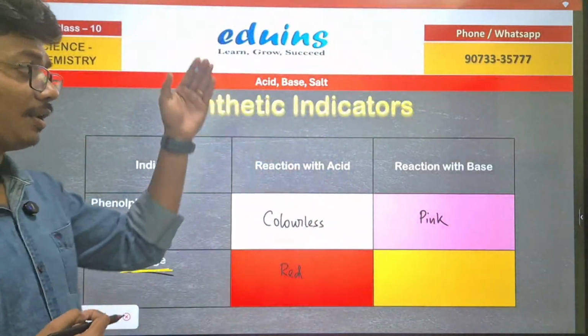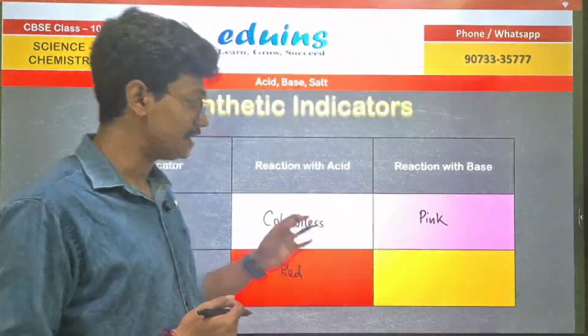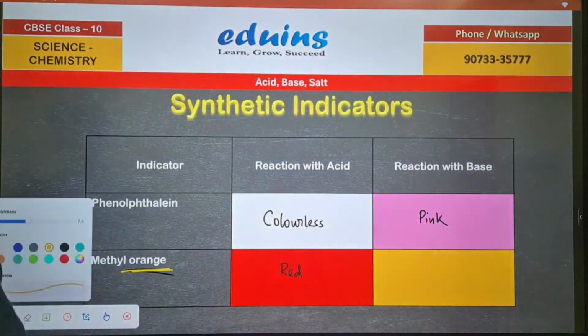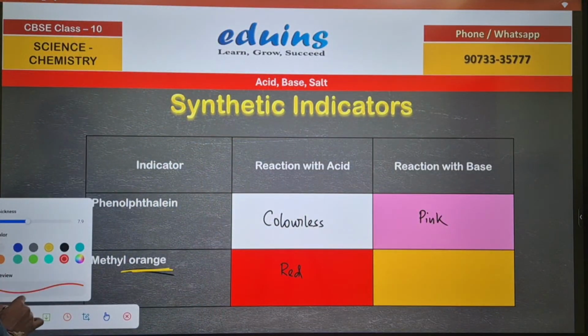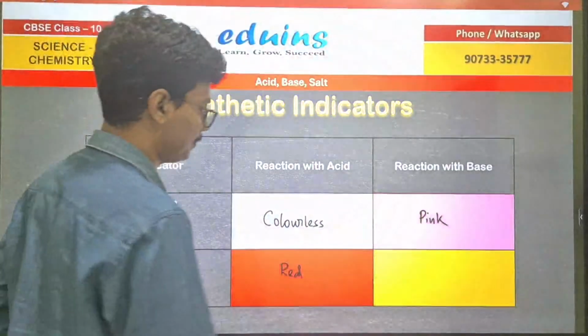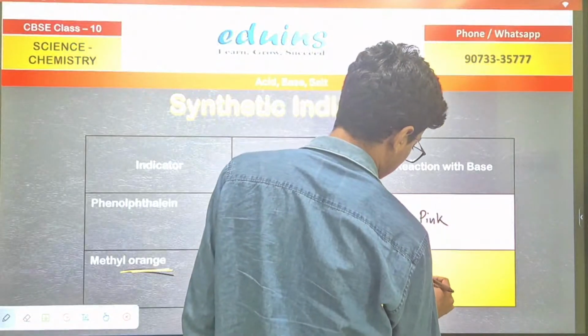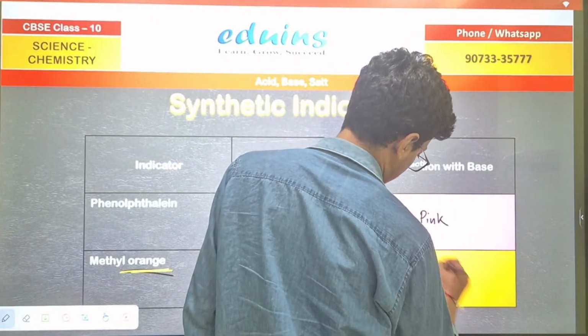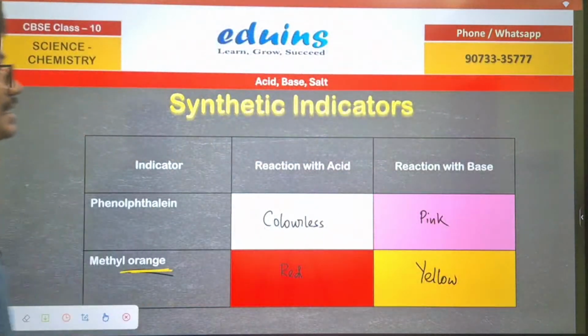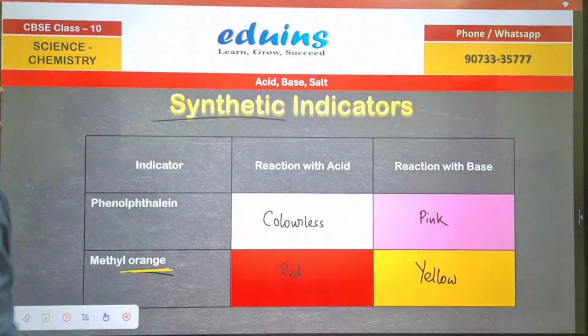And in case of basic medium, in case of bases, the color will change from orange to yellow. So these are the synthetic indicators.